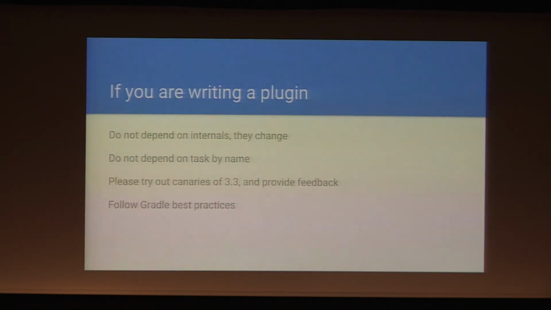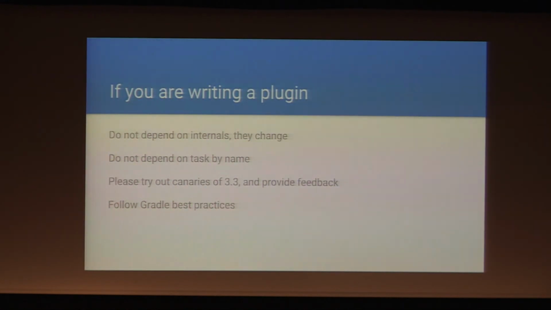So after this pretty deep dive into the plugin, I'd like to leave you with a few pieces of advice. In case you're writing a plugin, but not only a plugin, if you have any piece of logic in your build.gradle file that's using this Variant API, please do not depend on internals.